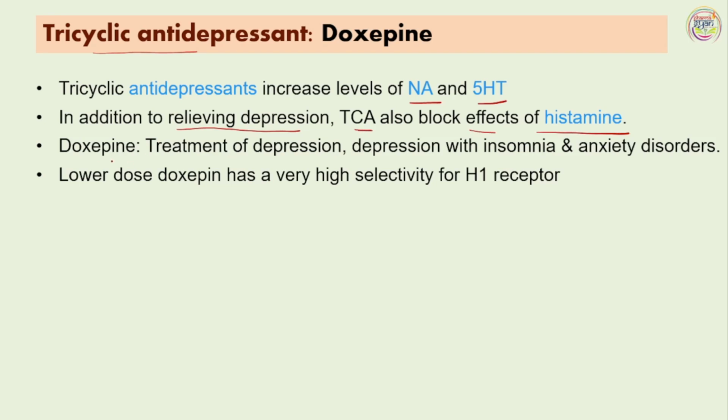Now doxepin is used for the treatment of depression, and depression with insomnia and anxiety disorder. In such conditions also doxepin is useful. And in low dose, doxepin has high selectivity for the H1 receptor.